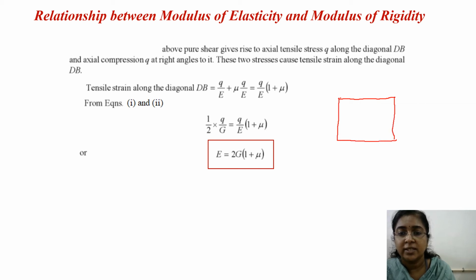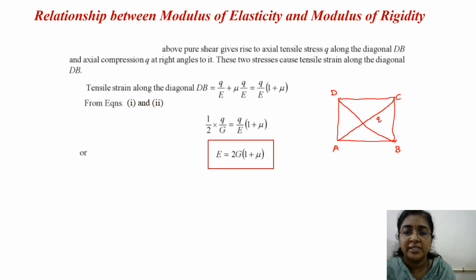For this condition, for diagonal BD we will have the tensile stress, whereas in diagonal AC we will have the compressive stress, and both will have the same intensity Q. This will be tensile, whereas this will be compressive.